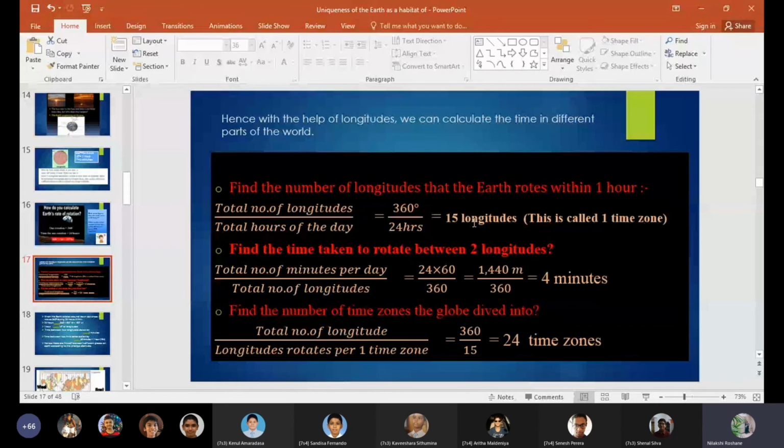Next we are going to find the number of time zones the globe is divided into. To find it, the total number of longitudes should be divided by the longitudes per one time zone. Earlier I told you that 15 longitudes is equal to one time zone.